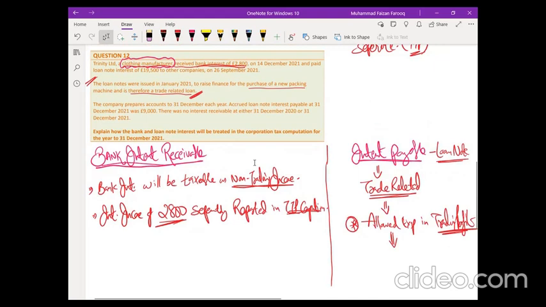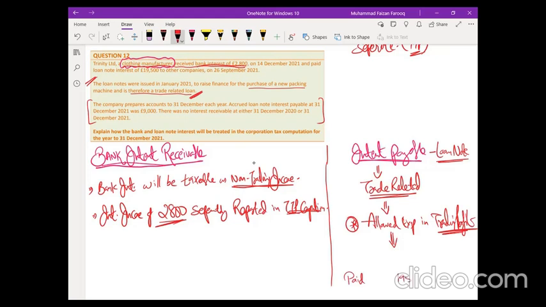There is a paragraph. What they said. Just read it, please. The third paragraph says the company prepares accounts to 31st December each year, and accrued loan notes interest payable at 31st December are 9,000 pounds.